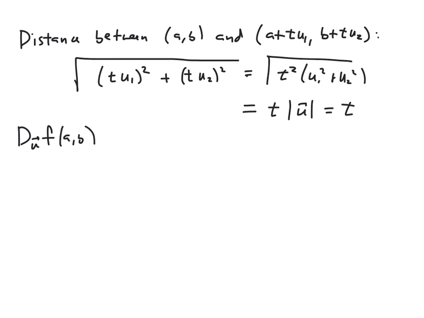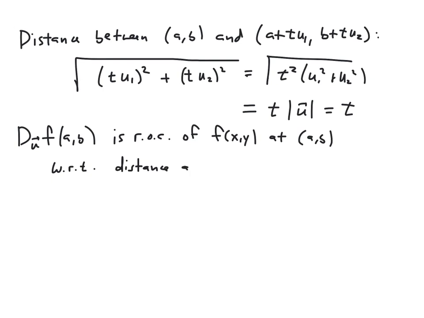notation that we've just defined, D sub u of f of (a, b), is the rate of change of the function f at the point (a, b) with respect to the distance along the line C. Because if we substitute t on this line from our base point (a, b), we're going to get a point that is t units away.